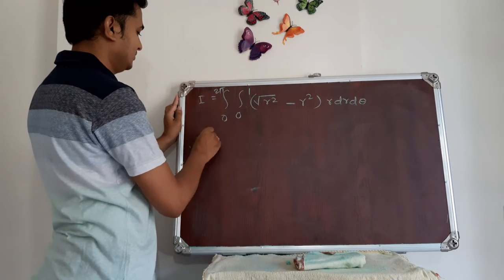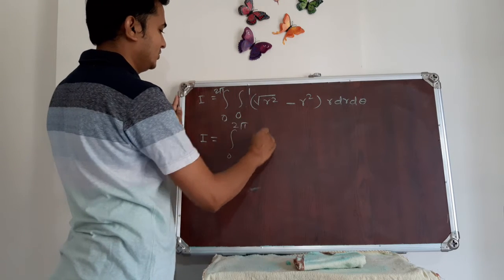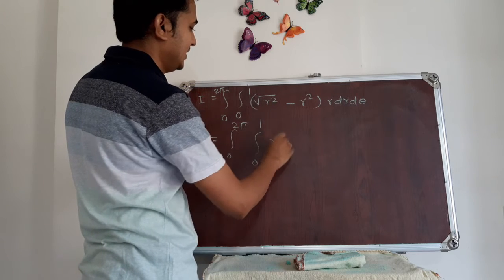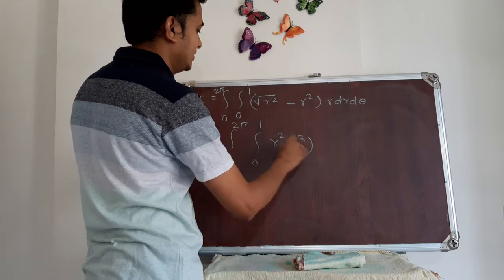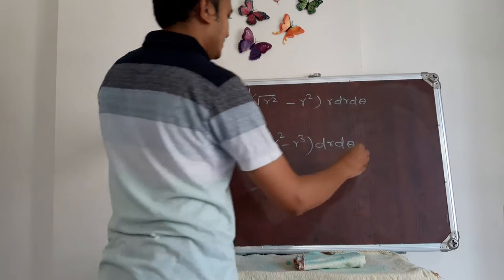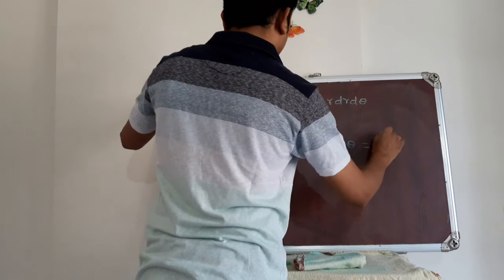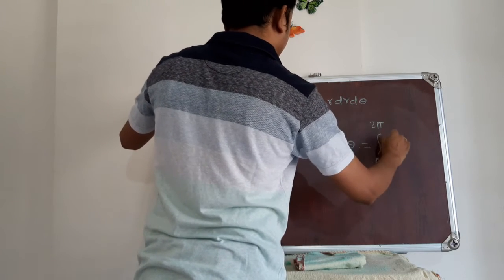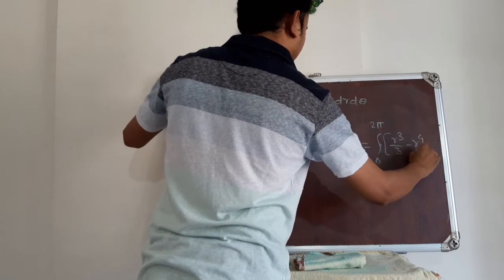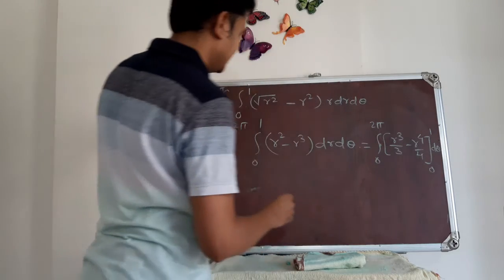So I is equal to integral 0 to 2π, integral 0 to 1, r times (r² − r³) dr dθ, which is integral 0 to 2π of [r³/3 − r⁴/4] with limits 0 to 1, dθ.